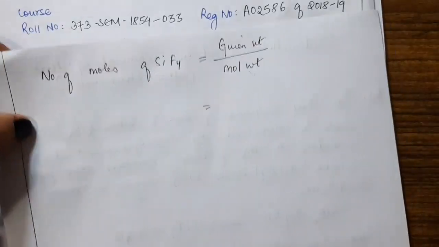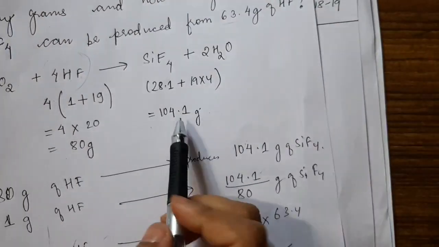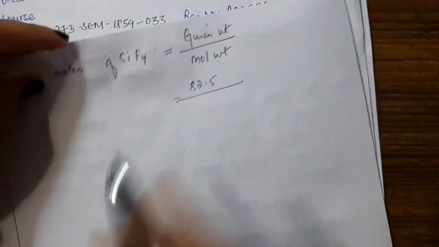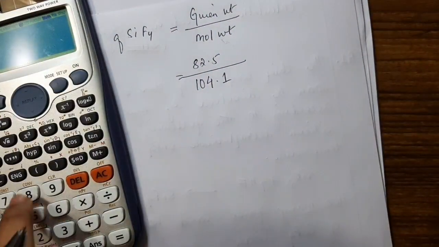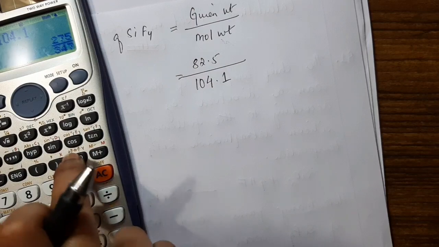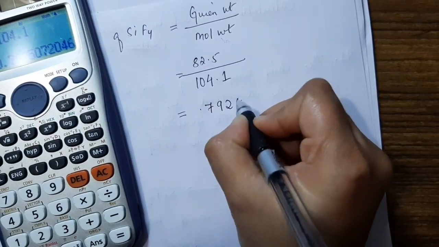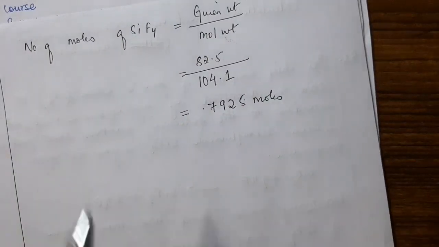Given weight is 82.5, divided by molecular weight of SiF4, same thing out here, 104.1. That would be equal to 82.5 divided by 104.1, which is 0.7925 moles.